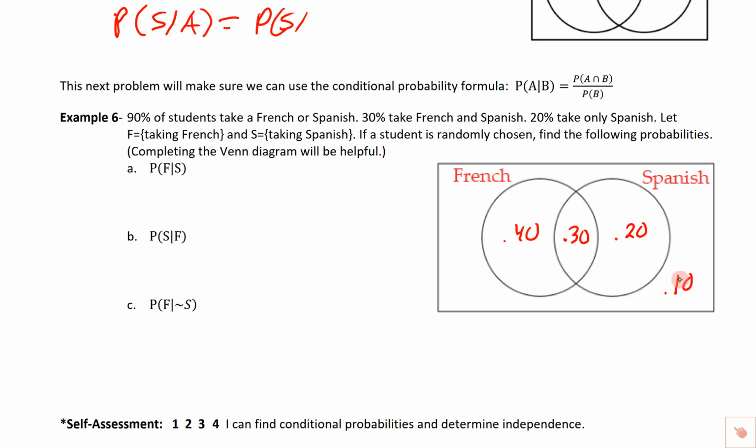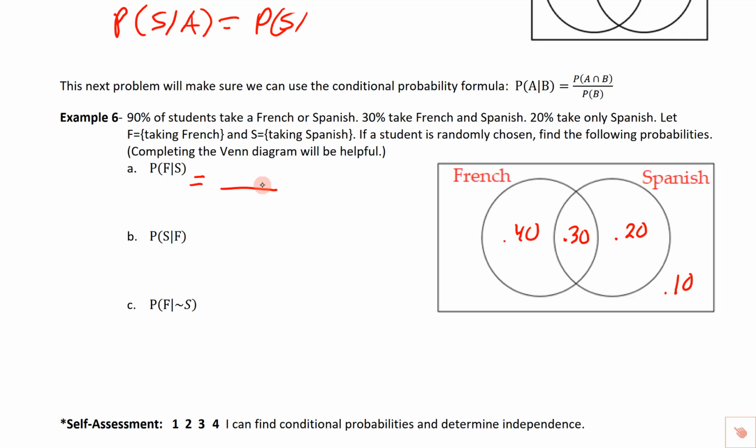Okay? So, probability of French given Spanish. D, what do you think? 3/7. How'd you get 3/7? Well, you have to take what's intersecting in between. That's showing the French speakers who also are taking Spanish.